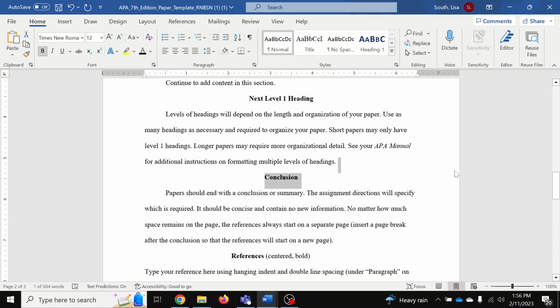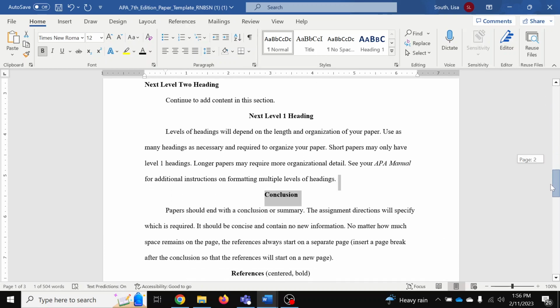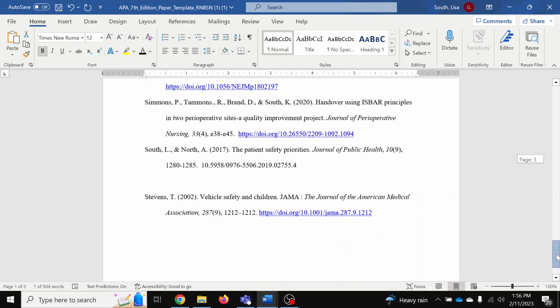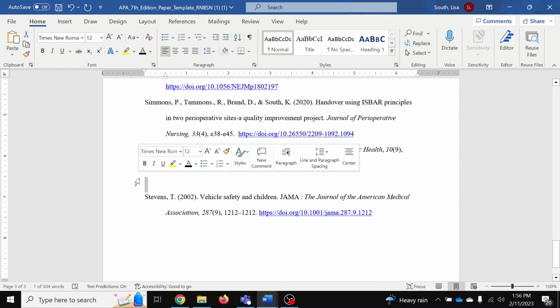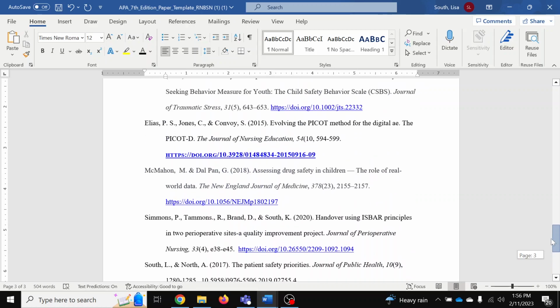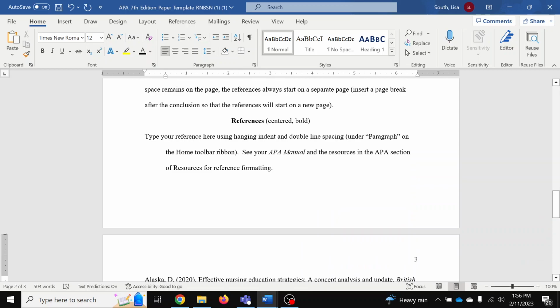Okay, maybe not. Okay. So everything now is the same font. Everything is double spaced. All of this looks great. Let's get this up. Right? They're alphabetical. Look how nice that looks. Oh my goodness. Now, this is great.